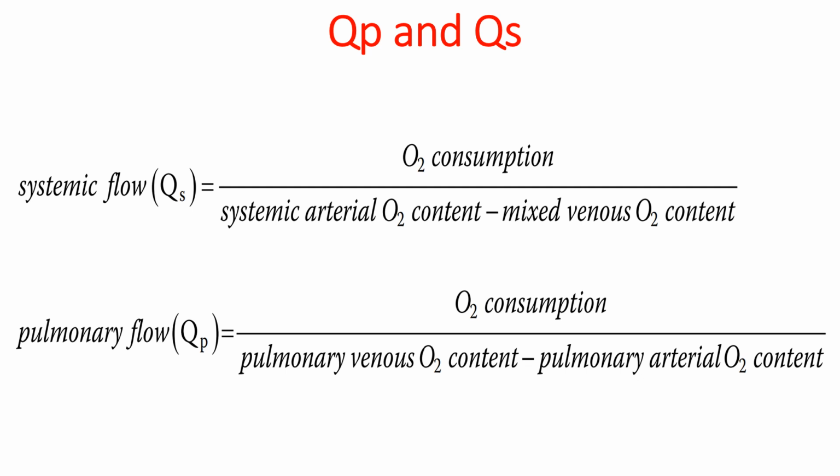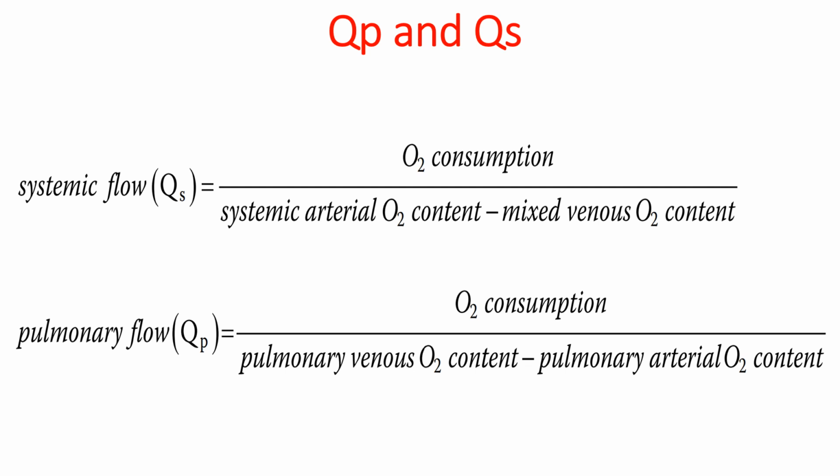But although all these data are useful, the QP:QS is the most useful measure to quantify the shunt and to know its significance. So what is the QP:QS? In the first lecture of this group, I talked about the QP:QS, the Fick principle, and how we can use this to measure the QP:QS.